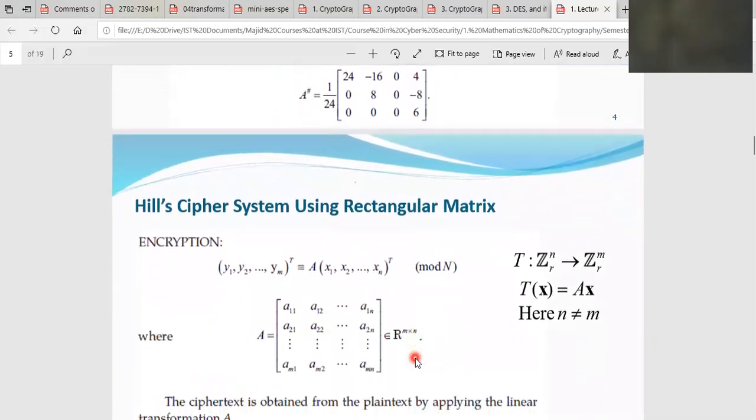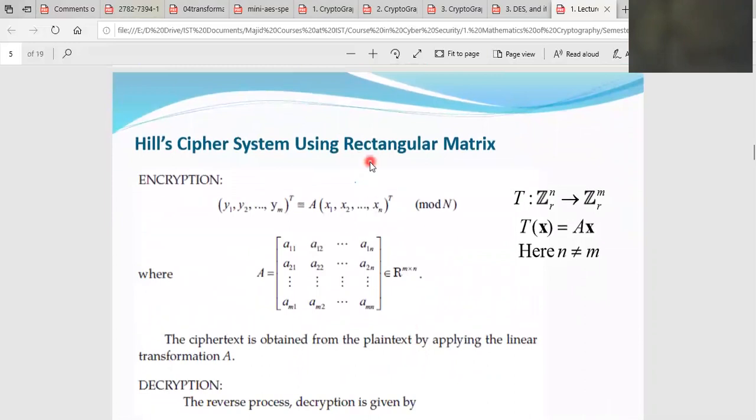Let us take one example, Hill cipher using rectangular matrix. I write down here as a transformation from Zr^n to Zr^m. In that case, M is not equivalent to N. In that case, A is of order M cross N, and then the resultant is of order M. In that case, y1, y2 up to ym are m-tuples, and these belong to this output set, and these are the inputs x1, x2 up to xn.